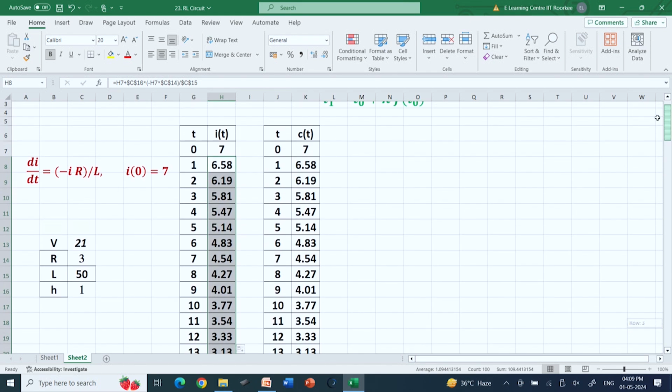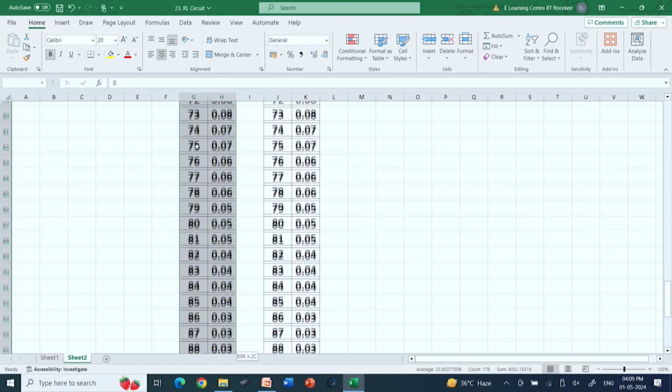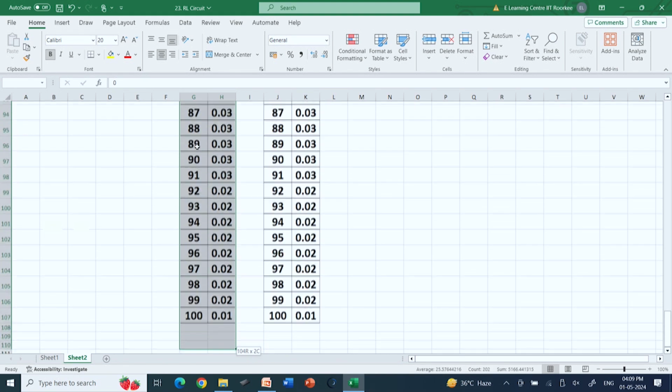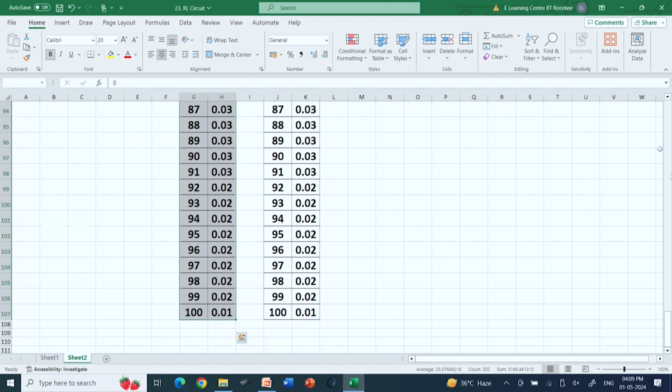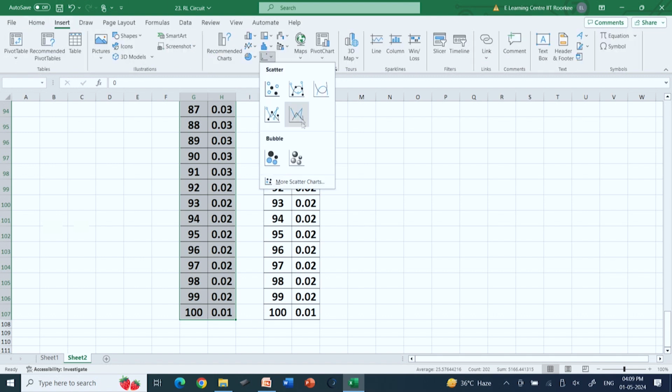and if we plot this, you press shift and highlight all the values, go to insert, go to the scatter diagram, and this one.